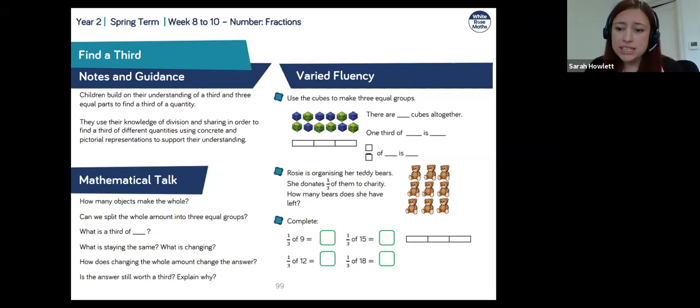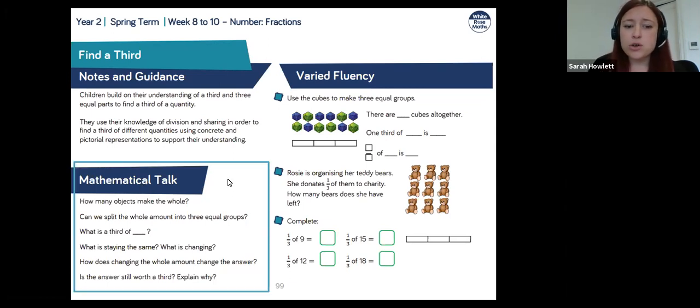So here, what we tend to do is we give notes and guidance on the first part of our page. So it tells us what they're going to be doing, what the point of that small step is. But then we also have a specific section based around mathematical talk.